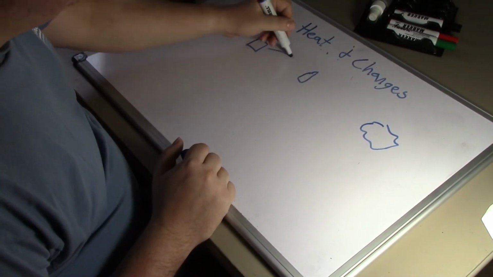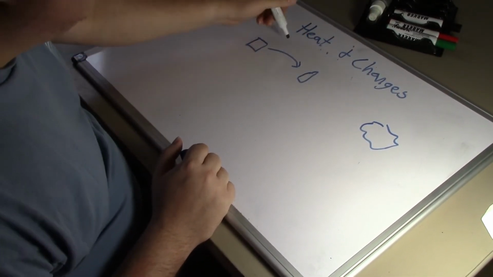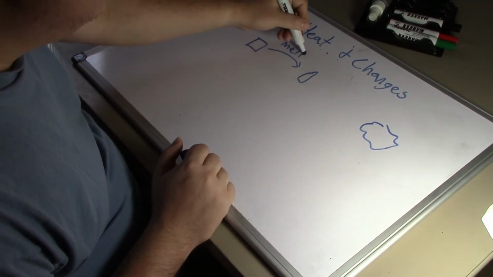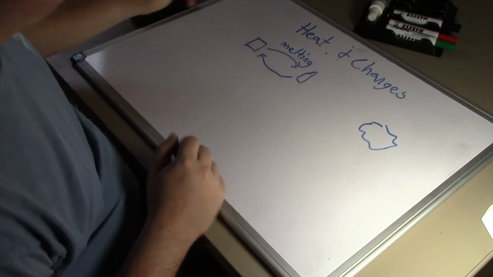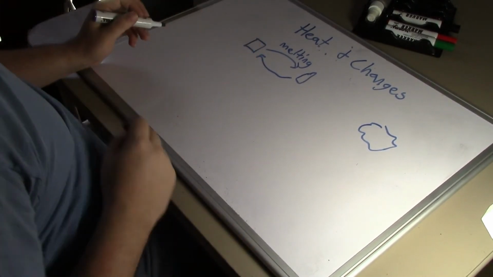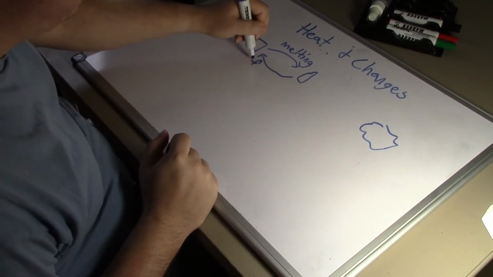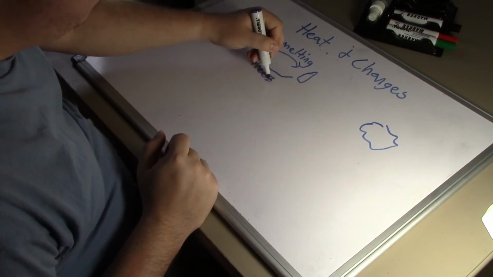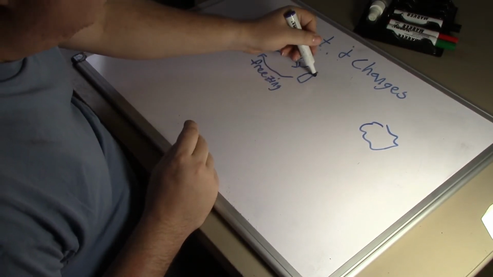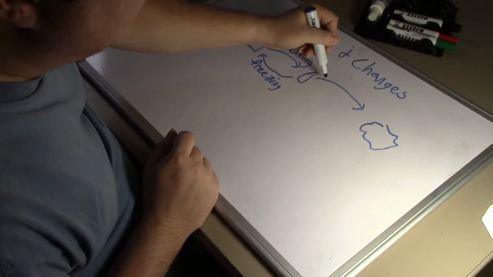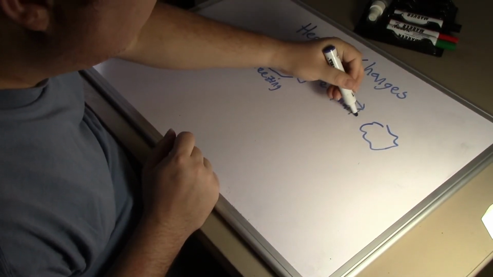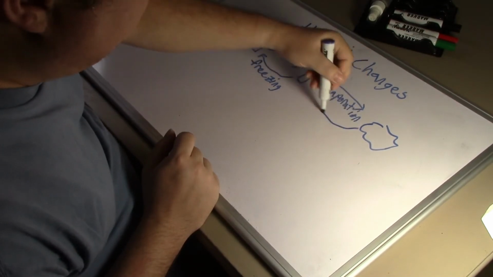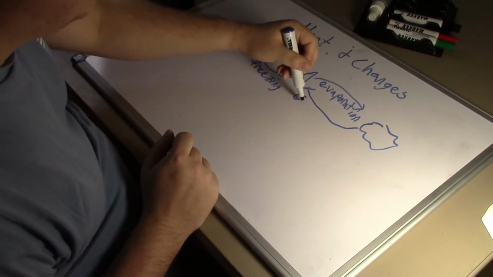So this is going from solid to liquid and is melting, whereas going from liquid to solid is called freezing. Liquid to gas is evaporation. And gas to liquid is condensation.